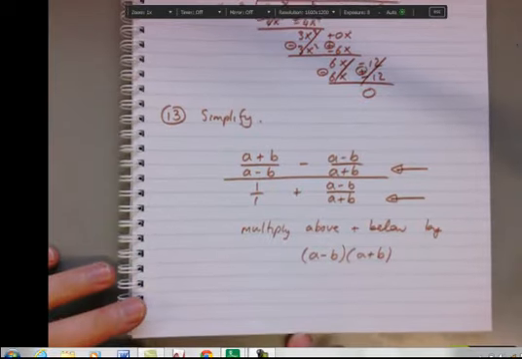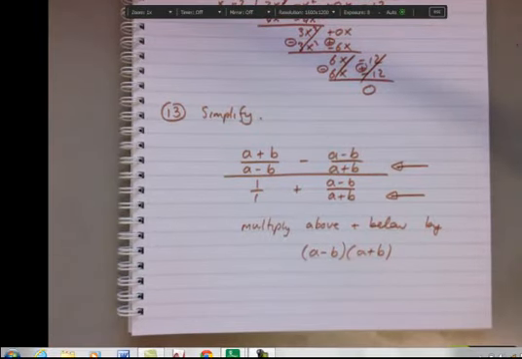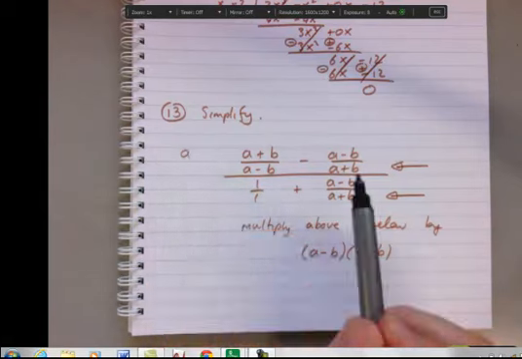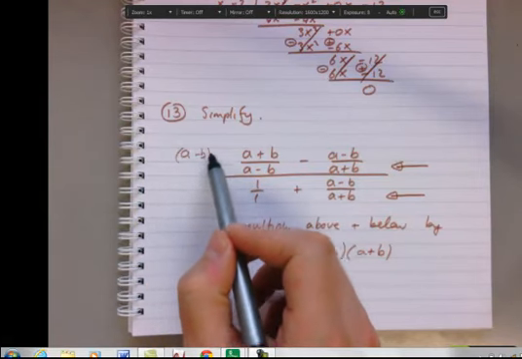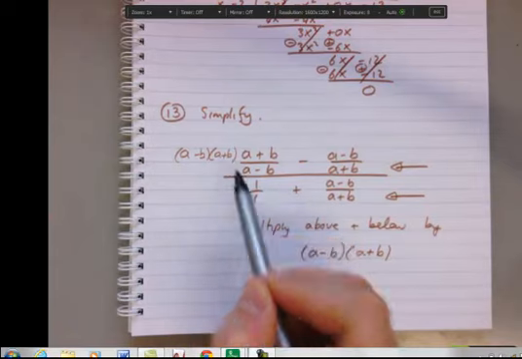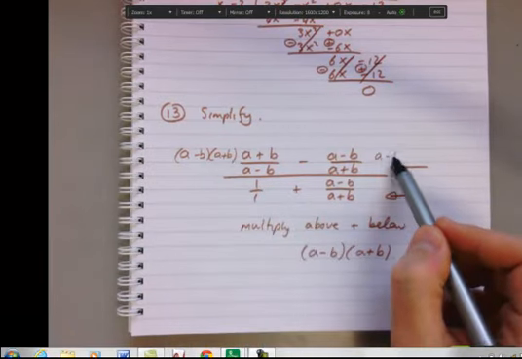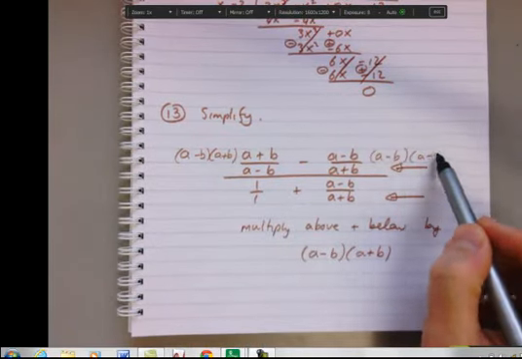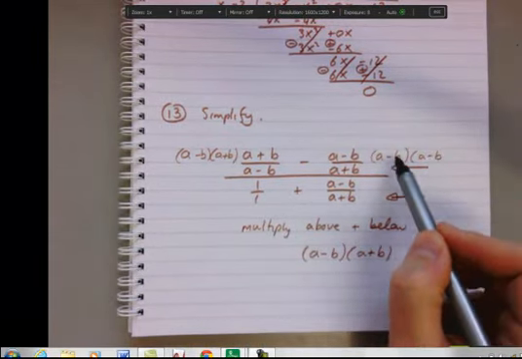What's important to remember here is that, and I'm going to slide it in here, you're going to have an a minus b, an a plus b there. You're going to have an a minus b and an a plus b there.